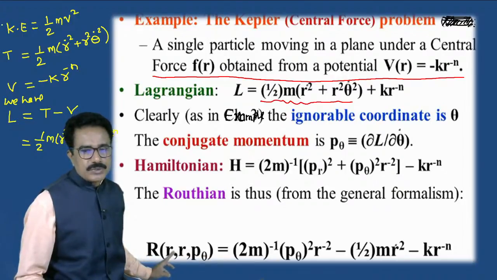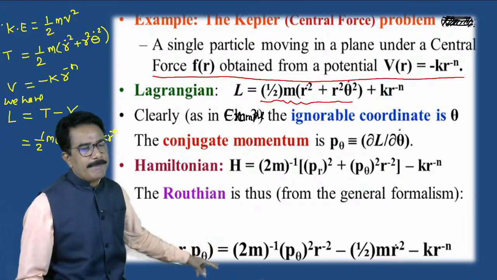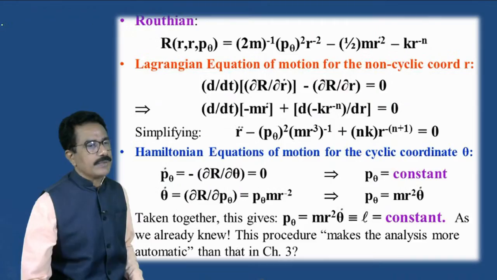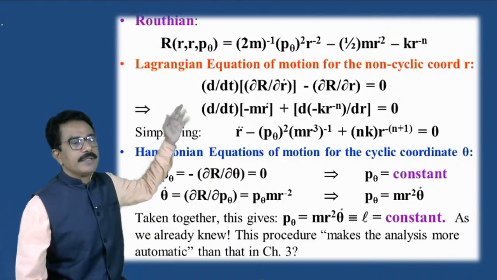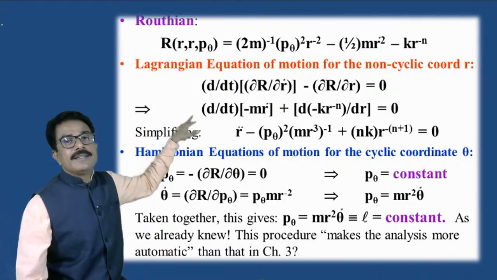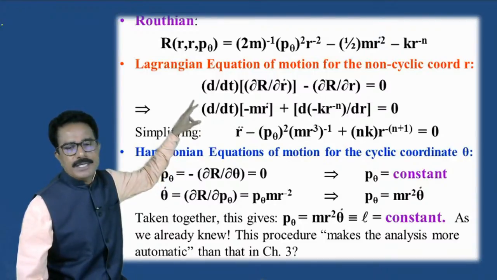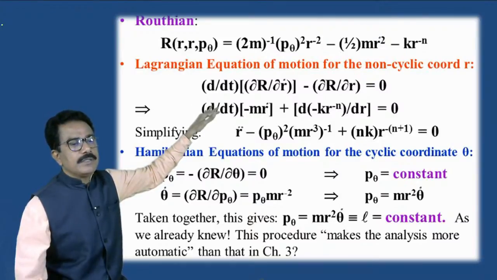R is equal to R comma R p theta, so it is minus p theta square by 2 m r square minus 1 by 2 m r dot square into k r raised to n. So this is the Routh equation. Then we know the Routh's equation of motion from the Lagrange's function: d by dt of dou R by dou r dot, where capital R is the Routh function, and r is the generalized coordinate, minus dou R by dou r.